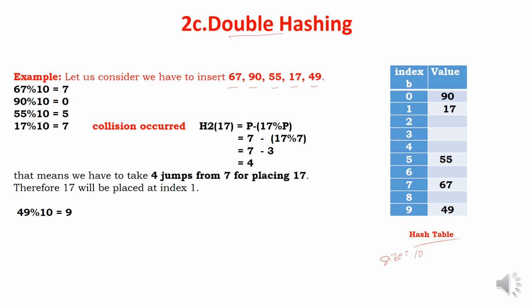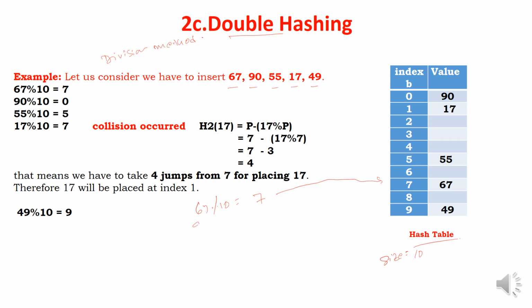The first hash function is the division method. To store 67, 67 % 10 is 7, so in the place of 7, 67 is stored.